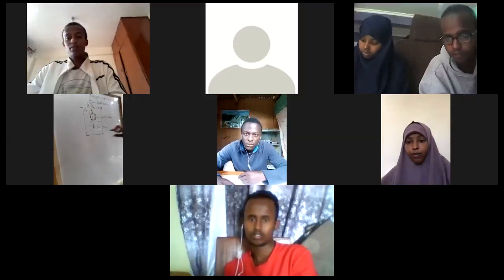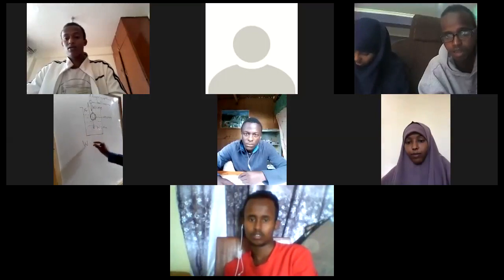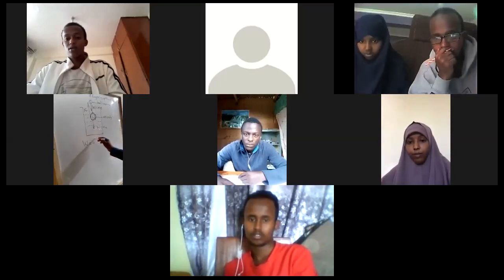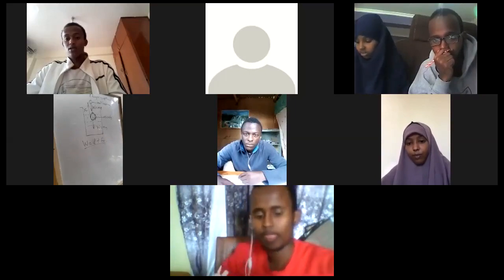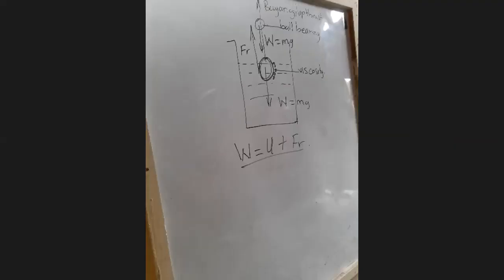So for this body to move down, the weight of that body is given as the upthrust force plus the friction force. So those were the forces, the buoyancy or upthrust force, and then the viscosity, apart from its own weight. So the two forces are upthrust and viscosity.